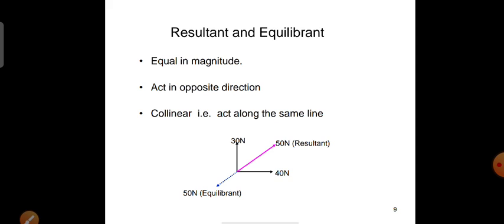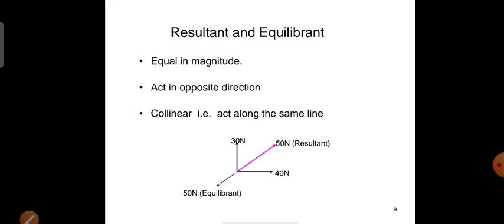So resultant and equilibrant are equal in magnitude and opposite in direction. Both are collinear and act along the same line. Here 50 Newton is the resultant of this 30 Newton and 40 Newton.